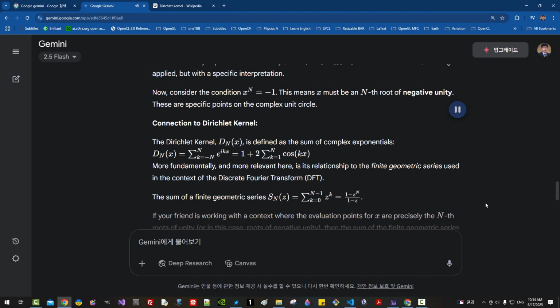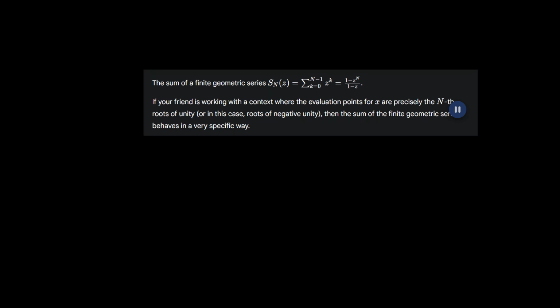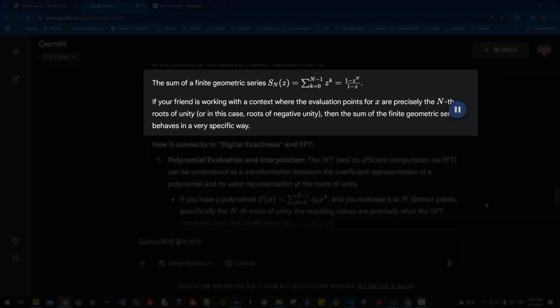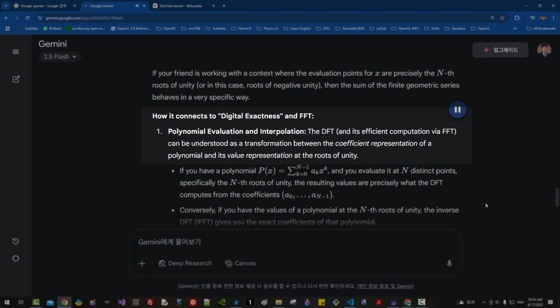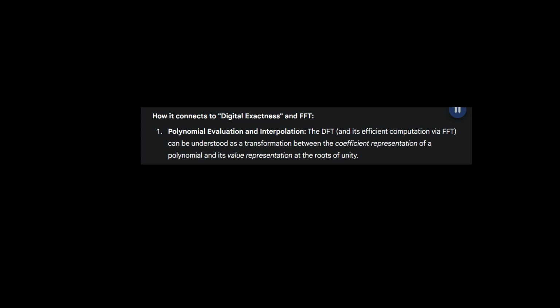More fundamentally, and more relevant here, the sum of a finite geometric series, S_n(z) = sum from k = 0 to n-1 of z^k = (1 - z^n)/(1 - z). If your friend is working with a context where the evaluation points for x are precisely the nth roots of unity, or in this case, roots of negative unity, then the sum of the finite geometric series behaves in a very specific way.